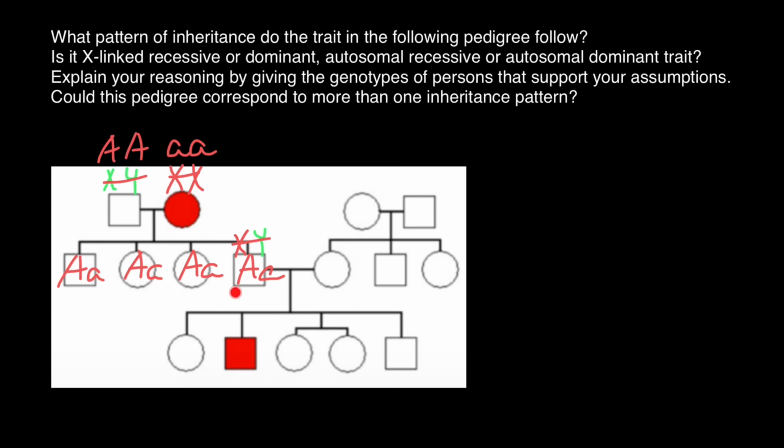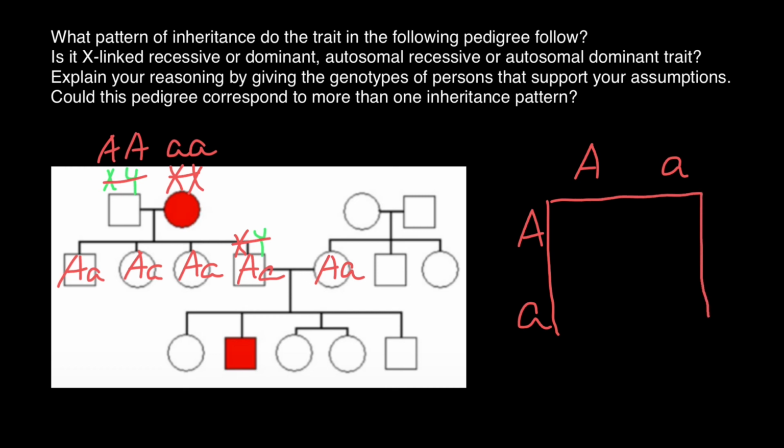Now we see that this couple has an affected child and an unaffected one. That means that this female also has to be heterozygous for this genetic disorder. If two parents are heterozygous, we expect that 1/4 of the progeny would be homozygous recessive and manifest this genetic disorder.